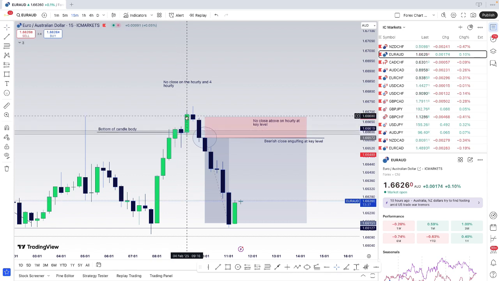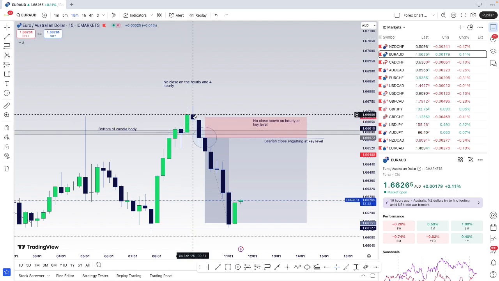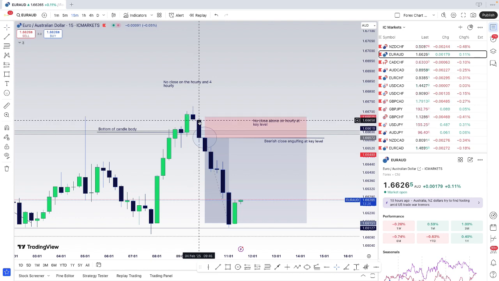Now that has been engulfed, but obviously we haven't closed on the hourly yet, so we're going to be looking at this candle here on the 15-minute, and then we see this candle here break below it.